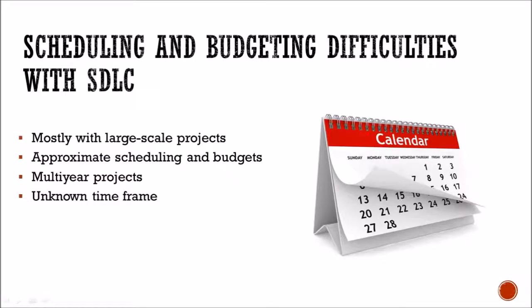So I'm going to talk specifically about scheduling and budgeting difficulties with the SDLC. When a company starts a new project to create a system, that project could be short or long. If it's longer, then it could span over multiple years. When you are starting the project, you have to schedule out how long it will take you and how much it will cost.